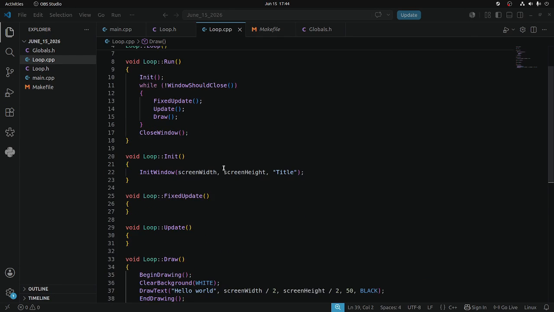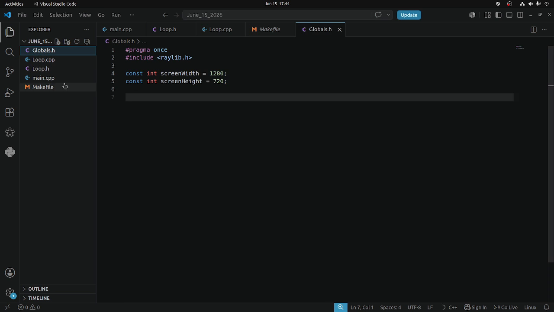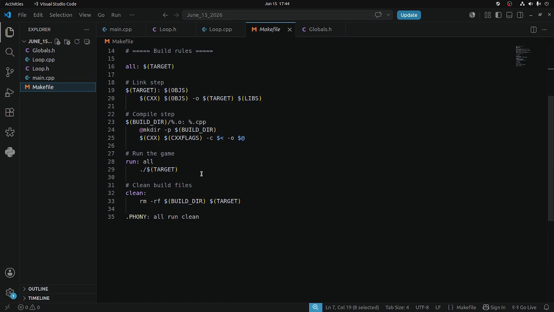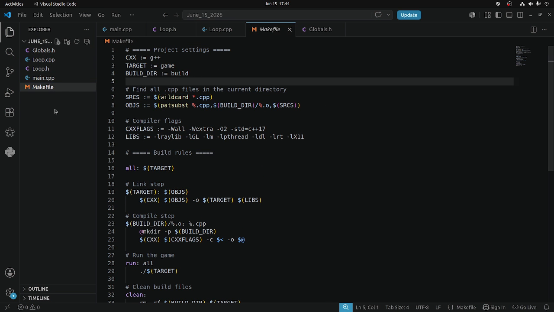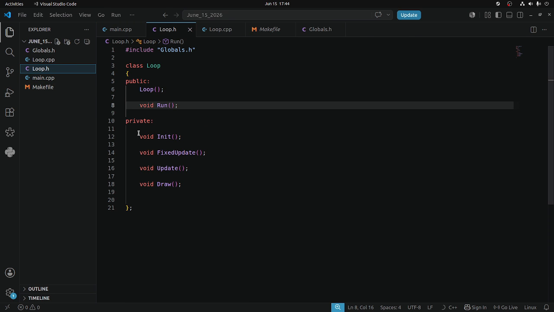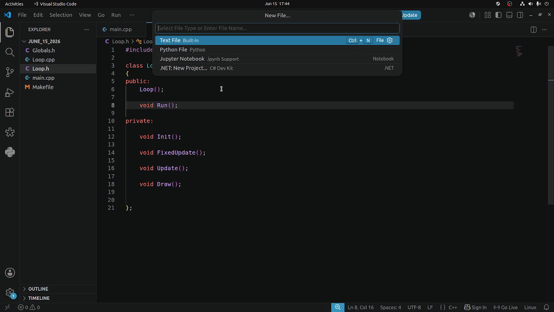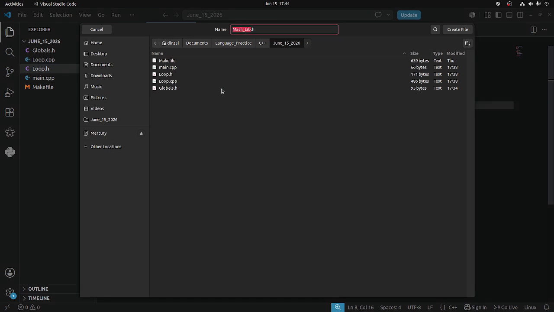All right, from where we left off, guys, we made the loop, the globals here, and I talked about how I generated this makefile using a large language model. And yeah, so file, new file, and I'm going to call this mathlib.header.